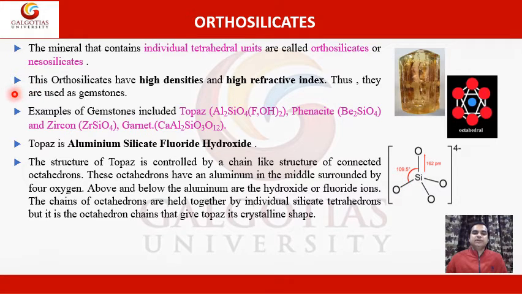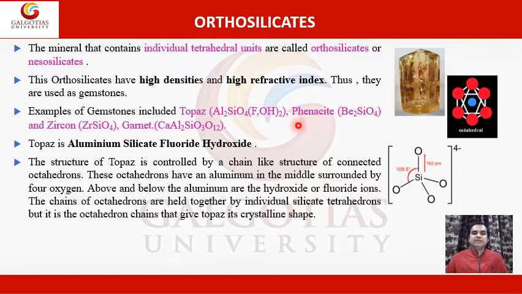Orthosilicates have very high densities and a high refractive index. Thus, they can be utilized as gemstones in various applications, like jewelry. Examples of gemstones categorized as orthosilicates include topaz, one of the most common, whose formula is Al2SiO4(F,OH)2.